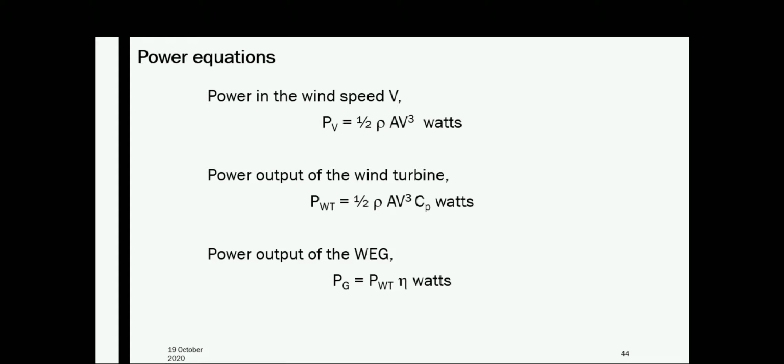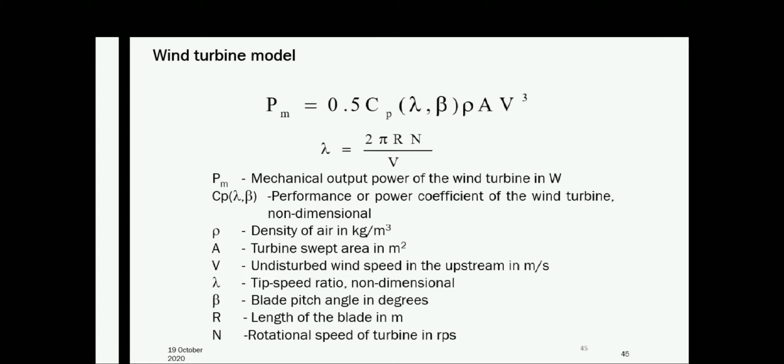The power coefficient Cp is a function of lambda and beta. The power coefficient gives a measure of the amount of energy extracted by the turbine rotor. Its value varies with rotor design and tip speed ratio, or TSR, and lambda is the representation of the tip speed ratio.